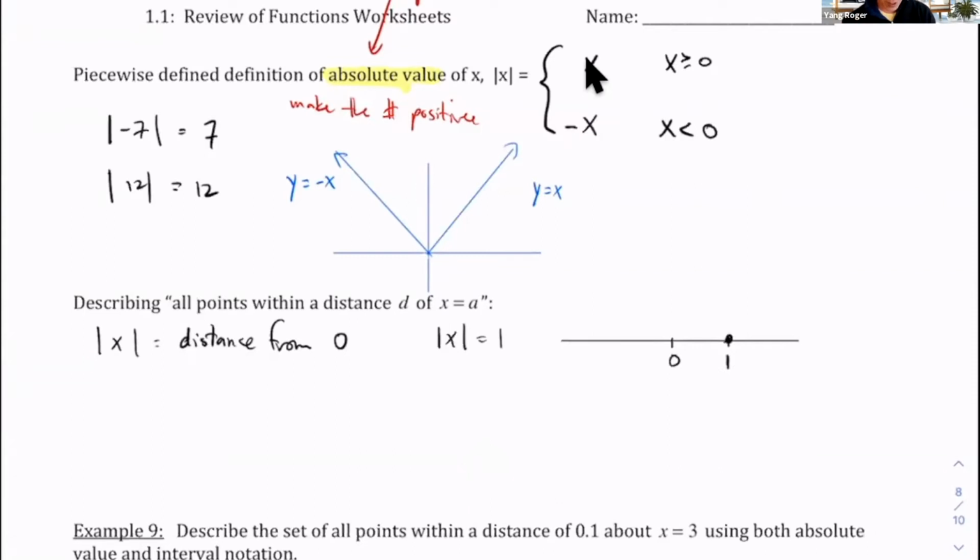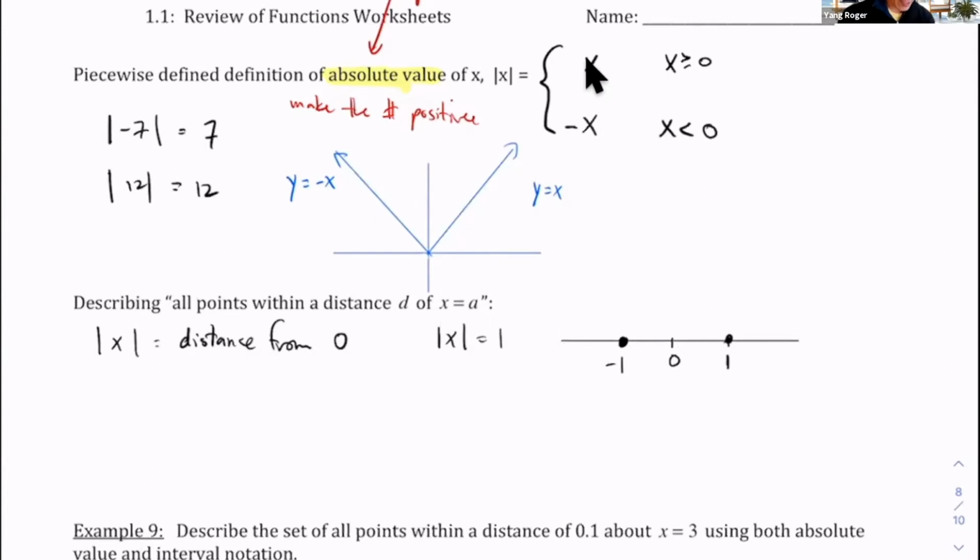But then the number -1 is also distance 1 from 0, and that's on the other side. So when we say the absolute value of x is equal to 1, we're really describing 2 points, all the points at distance 1 from 0. Does that make sense to you guys as a starting point?